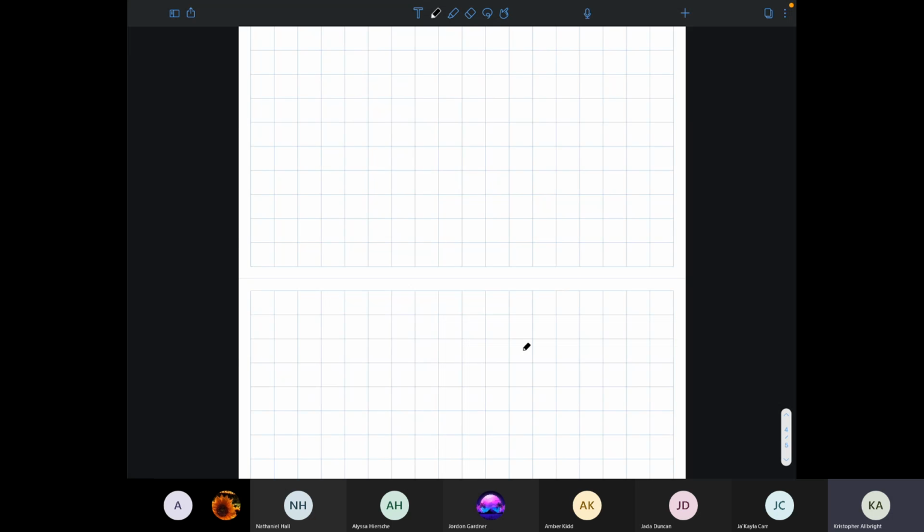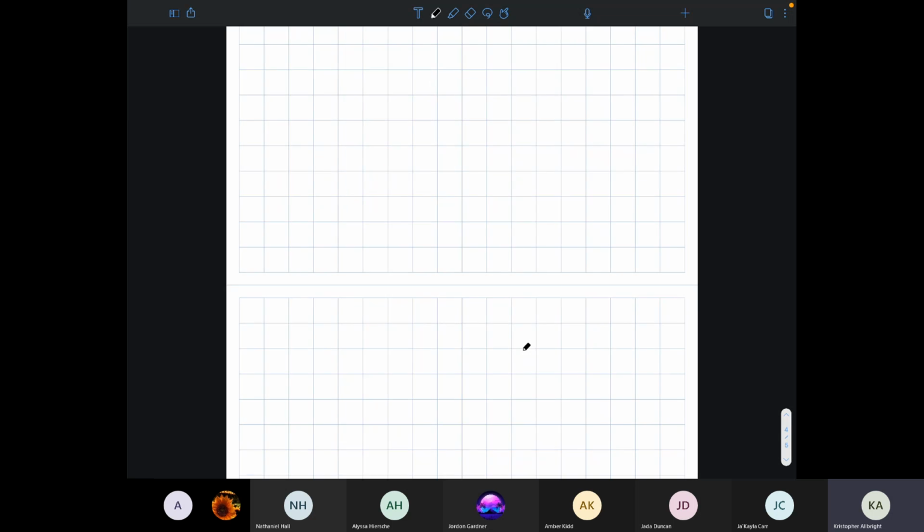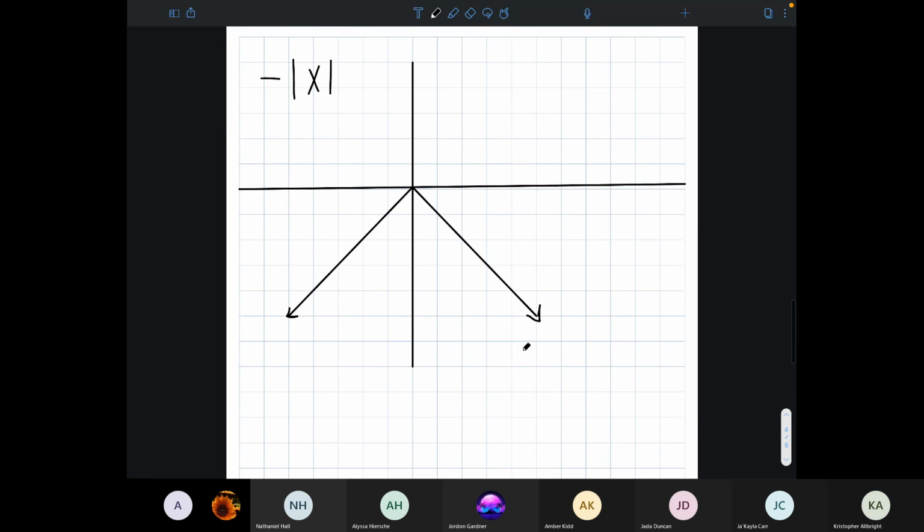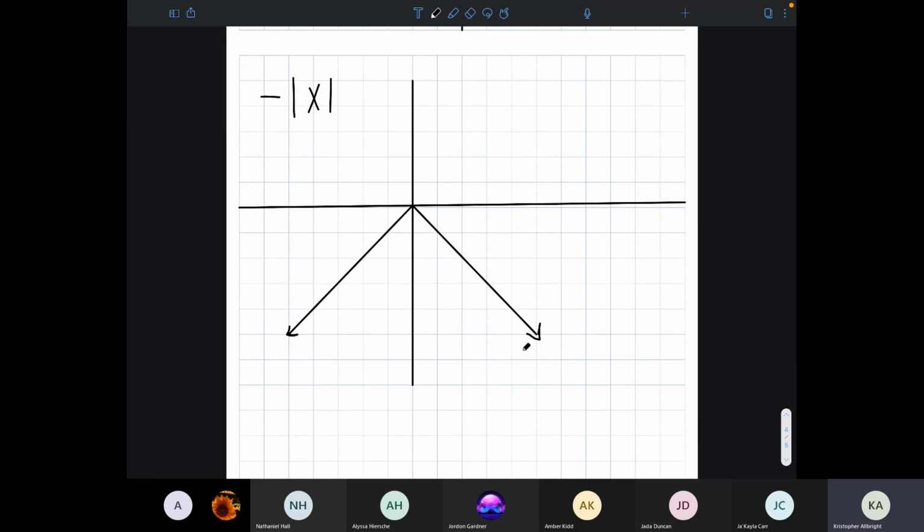Another thing that it likes to ask is the vertex or the opens or the maximum or minimum. So the vertex is like right here. It's like the central point. So as long as you can identify this point, in this case, it's really easy. It's just 0, 0. And when it asks opens, this opens down.